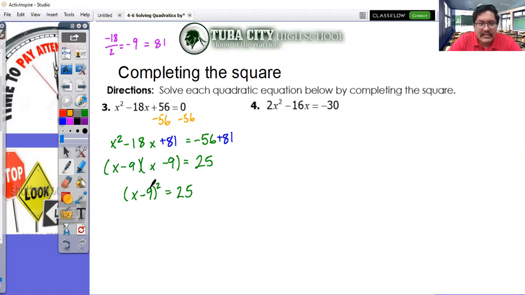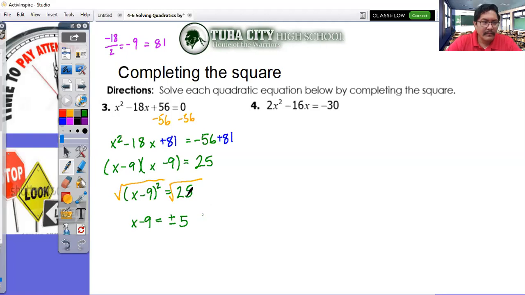So to undo that square number, we're going to take the square root. So x minus 9 is what we get, because now the square is gone and we only have one of it. And we also have to consider the positive and the negative possibility here. And we take the square root of 25, which is going to be 5.